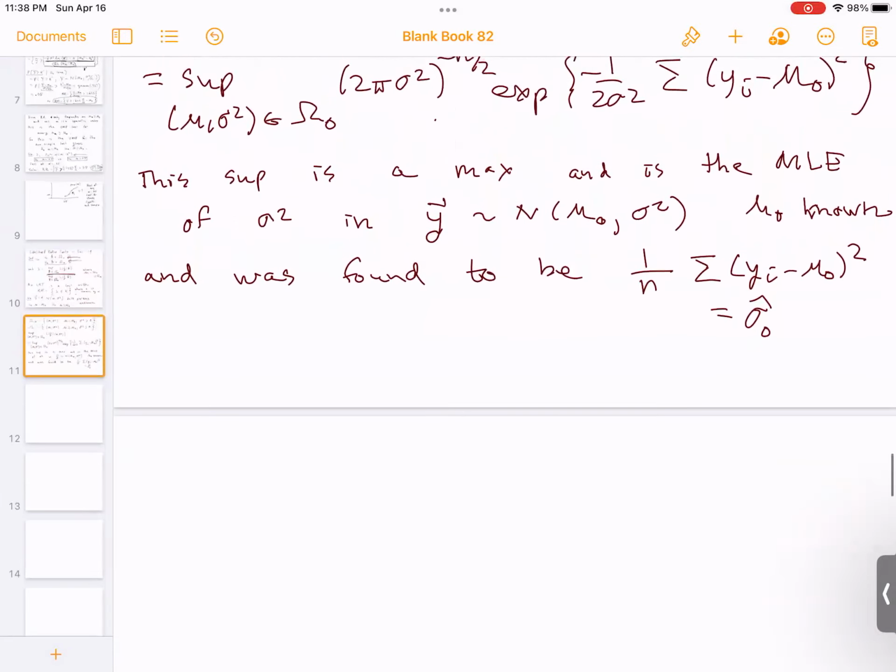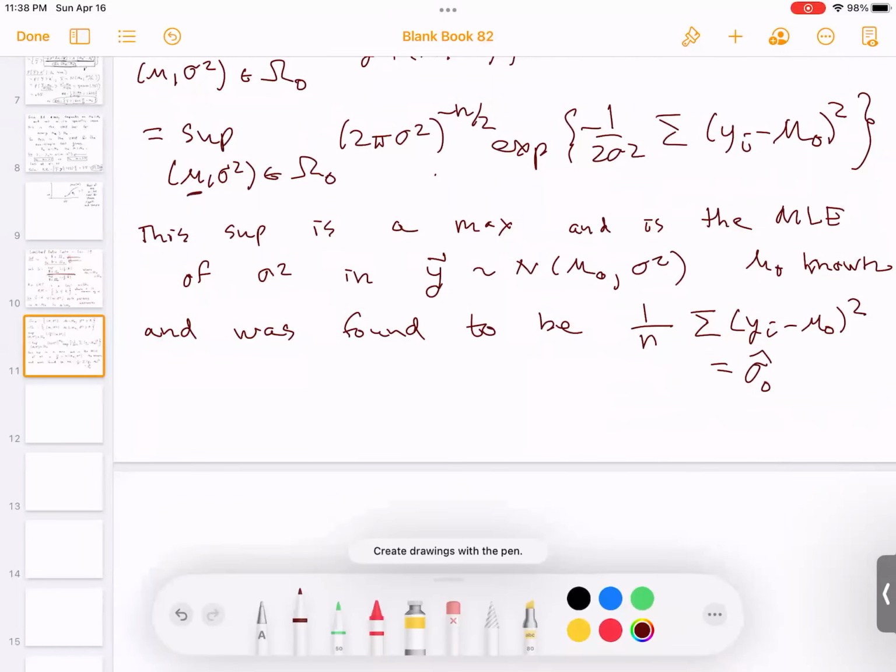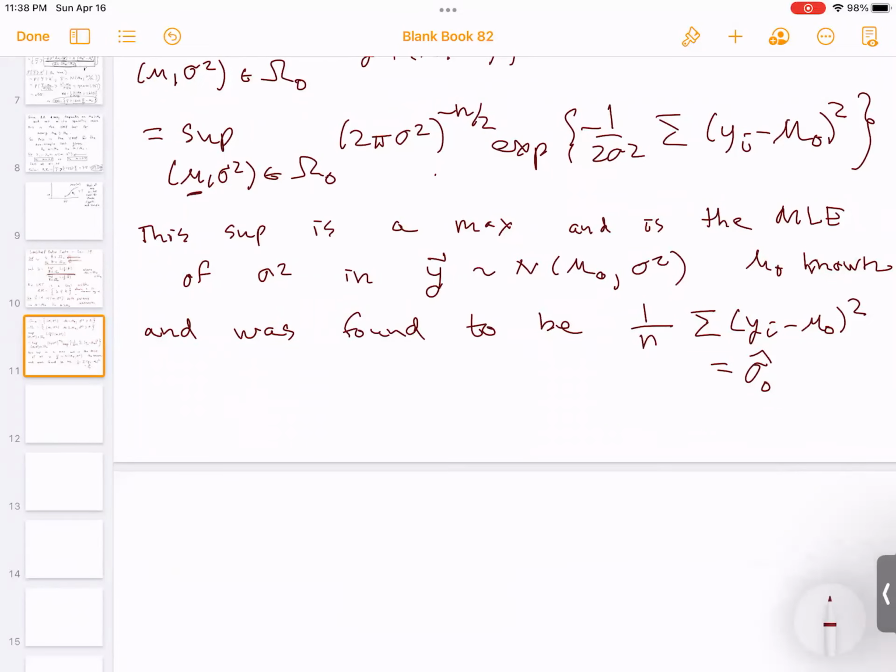All right, so we're done, right? We found the max here because we found the sup of the numerator likelihood. We just replace, because mu has to be mu 0. And so the numerator, and now we found where it's maximized over the other parameter, when the mu 0 is fixed.